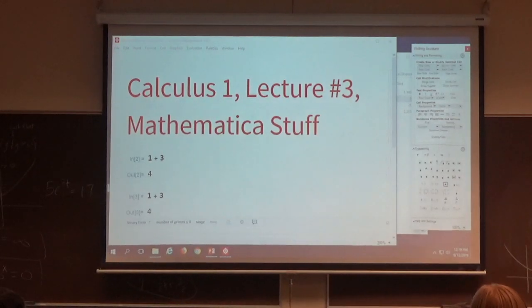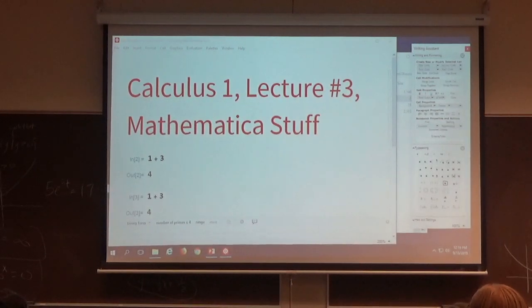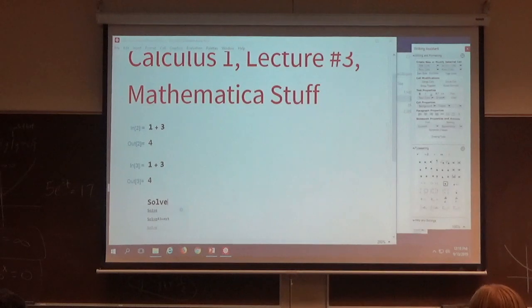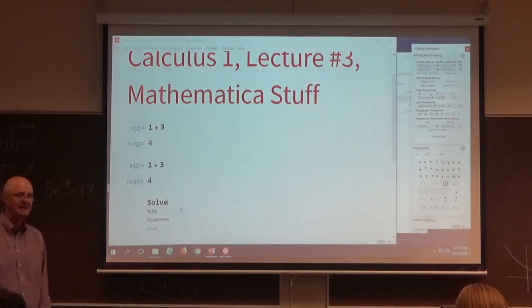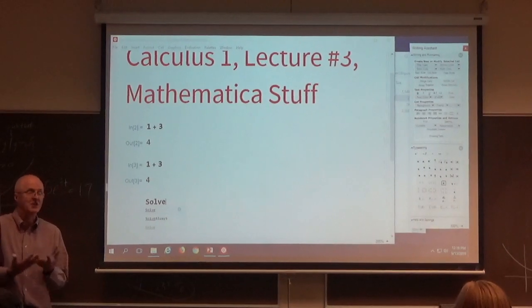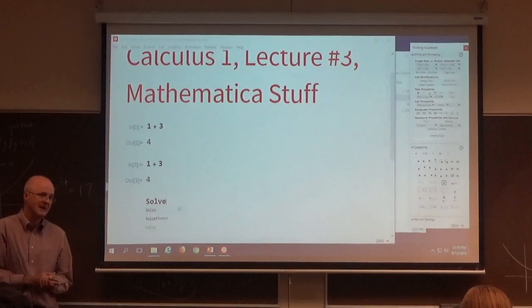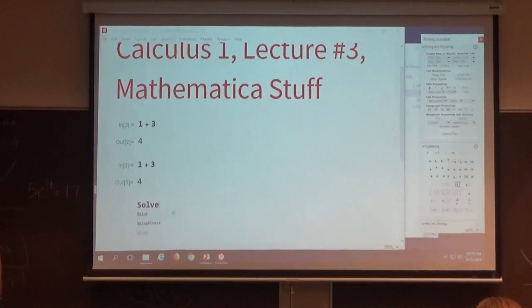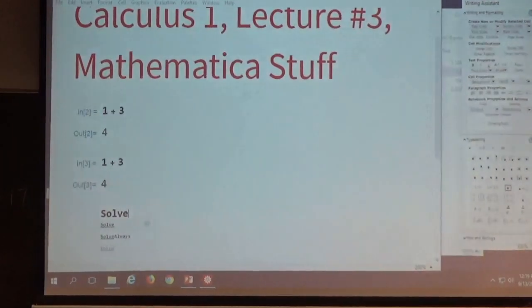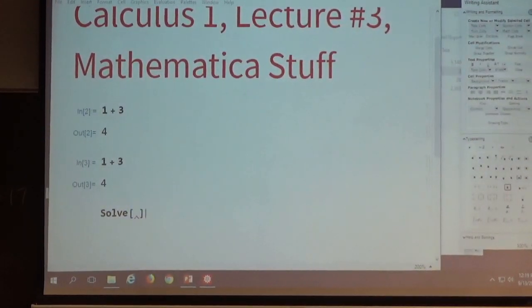Mathematica is built from what are called Mathematica functions, one of which is Solve, capital S, then lowercase o-l-v-e. Mathematica functions, commands, always start with capital letters. The input for those functions goes inside square brackets. These functions have inputs and they give you outputs.